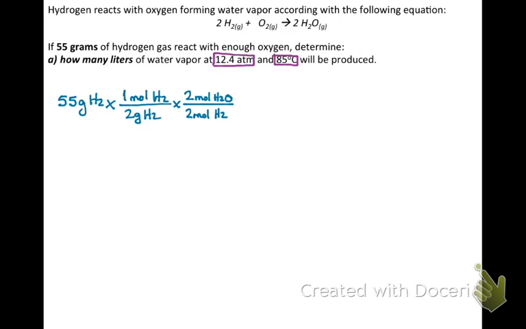Again, as we have done in a previous problem, you can leave the 2 and 2, or you can simplify it from here and use 1 and 1.